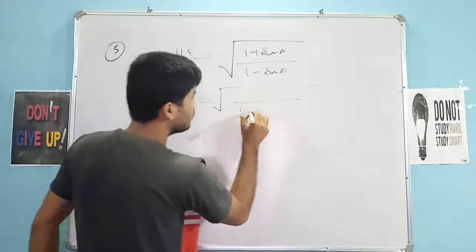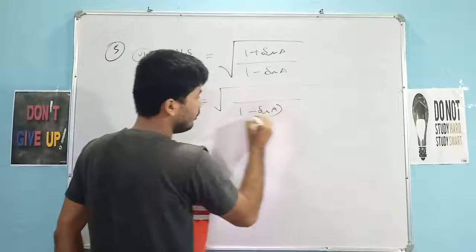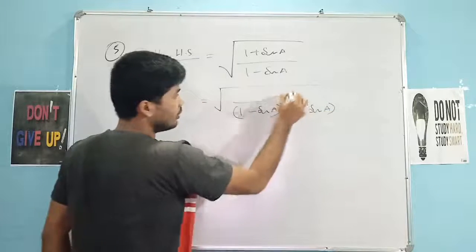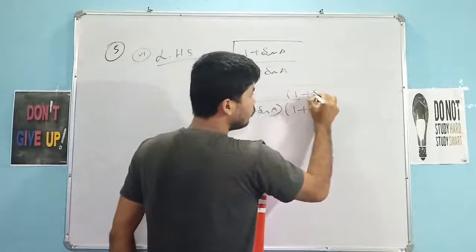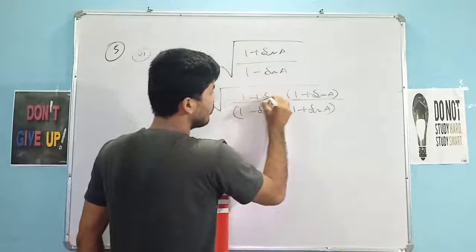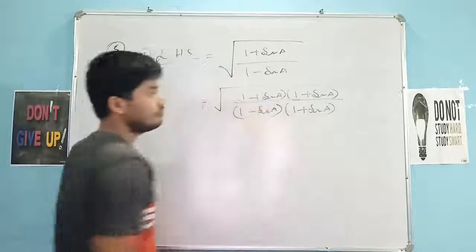Let me show you. 1 minus sin A, we multiply by 1 plus sin A. Therefore, we have to multiply the numerator too, right? So 1 plus sin A. Got it, guys?